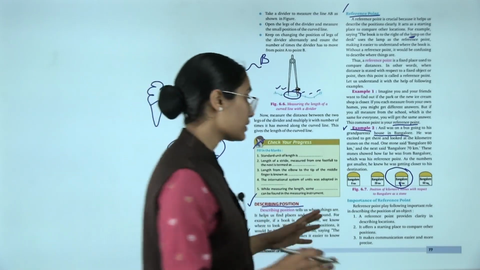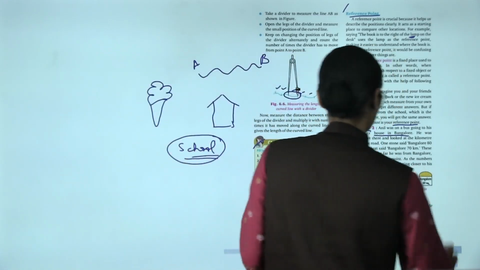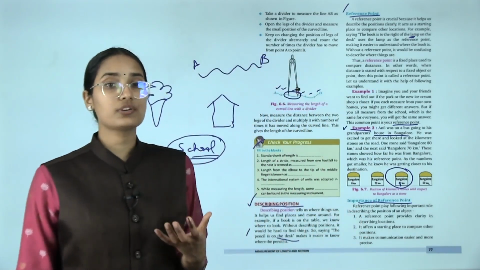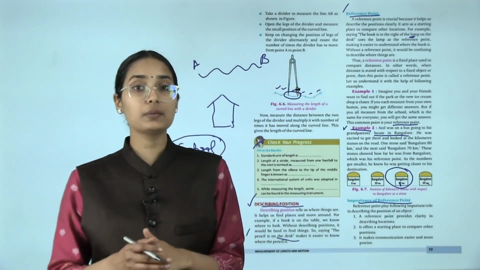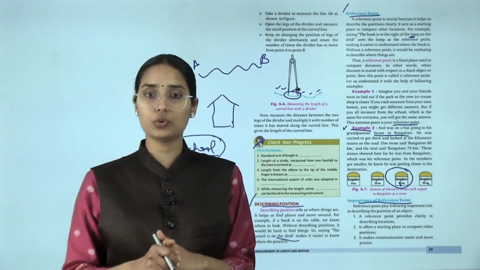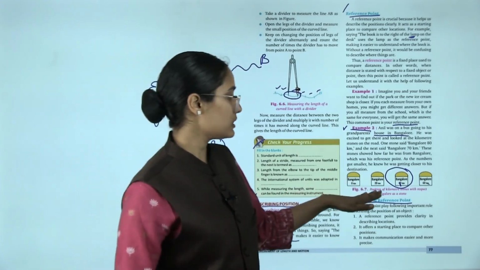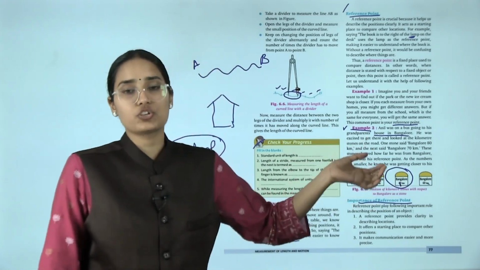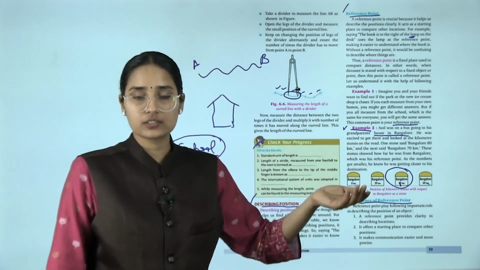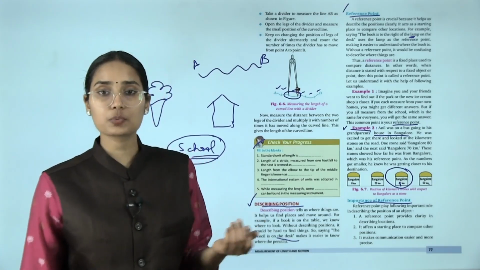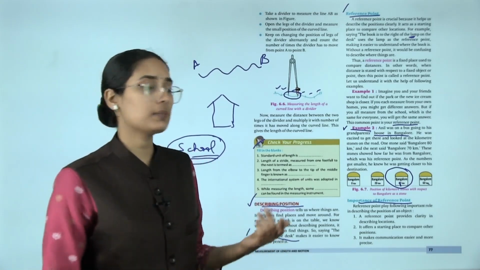Now what is the importance of the reference point? The reference point plays the following important roles in describing the position of an object. A reference point provides clarity in describing location.